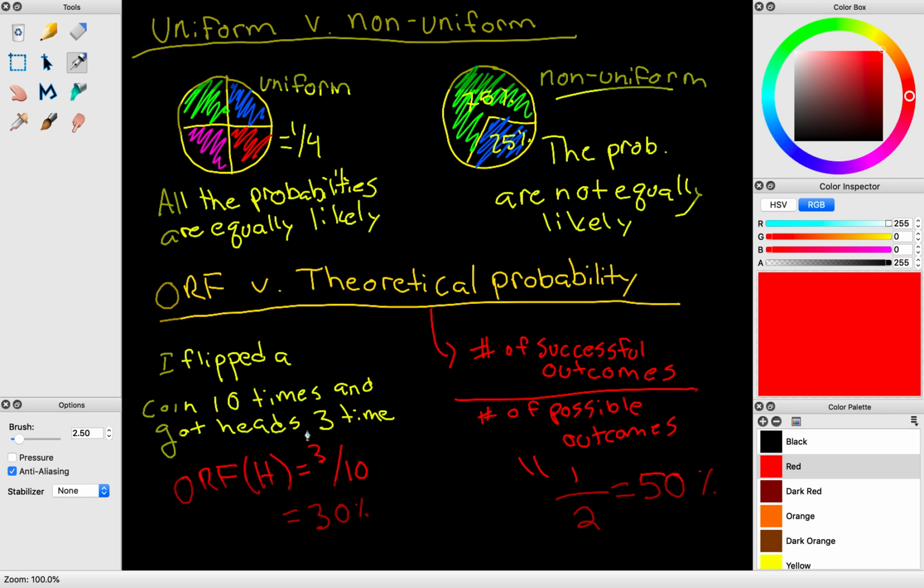And we can see this discrepancy between these 2 numbers right here, 50% and 30%. It's because this one is based on an experiment. So that's an important thing to know. Whenever we're talking about the ORF, we're talking about an experiment. So observed relative frequency is something that's observed through either a survey or an experiment, or something that requires trials, whereas the theoretical probability is calculated without actually doing an experiment.